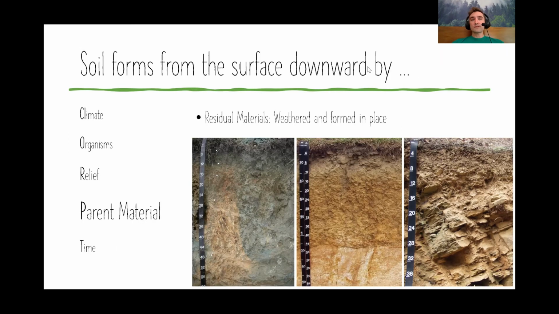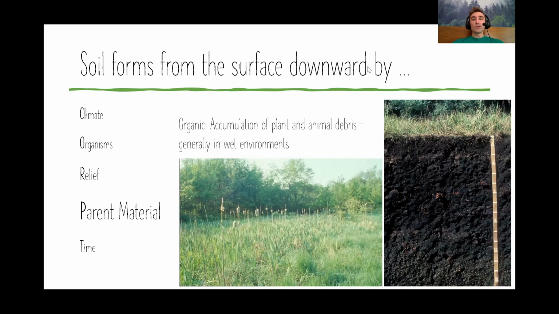So to just show it with some photos, the residual material is weathered and formed in place. It literally just stays there. It's broken down rocks. The organic parent material is the accumulation of plant and animal debris over a long period of time. And this generally happens in very wet environments, things like marshes and bogs.